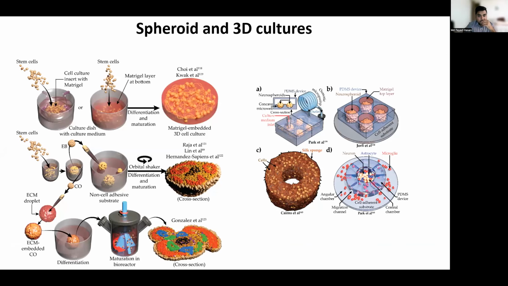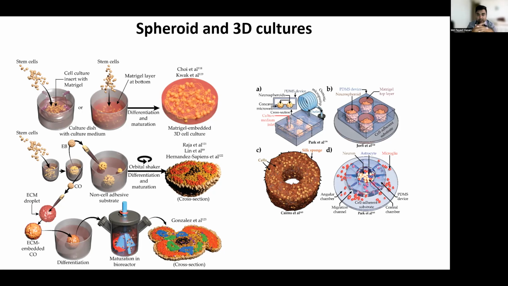Because of that, new technologies have allowed us to make three-dimensional brain-like cultures, or brain-like spheroids, organoids, or 3D cultures in a dish. These three-dimensional objects mimic the brain more closely. They even have brain-like structures and cellular compositions, and they can be made from stem cell-derived neurons, astrocytes, and microglia.